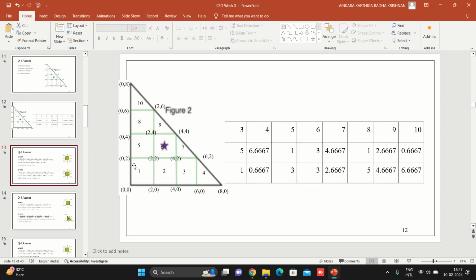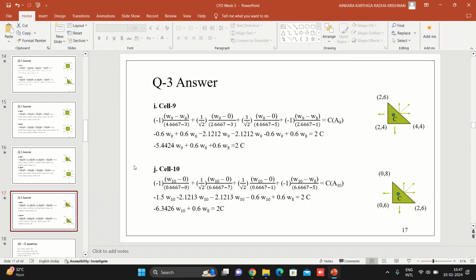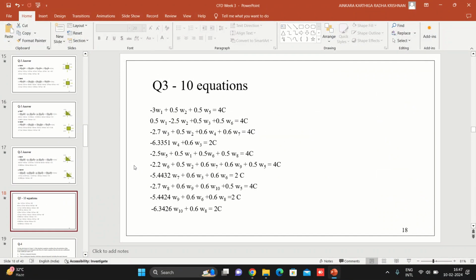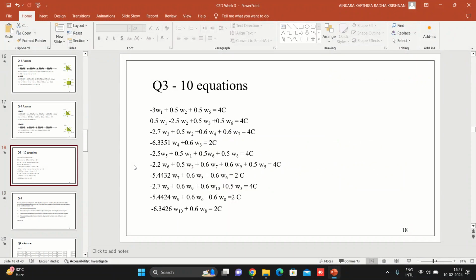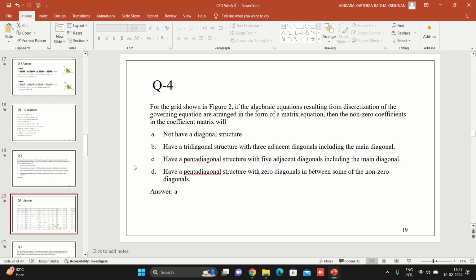Similarly, we have discretized all the equations and written the equation. The coefficients would be different, I would say, because I haven't included the length of the side. It's just a mistake on my part. After that, we found we have 10 equations, and we looked at what type of structure it was forming.